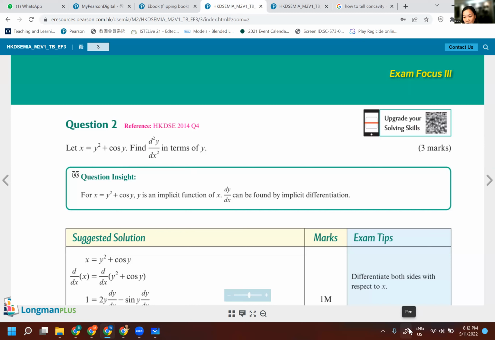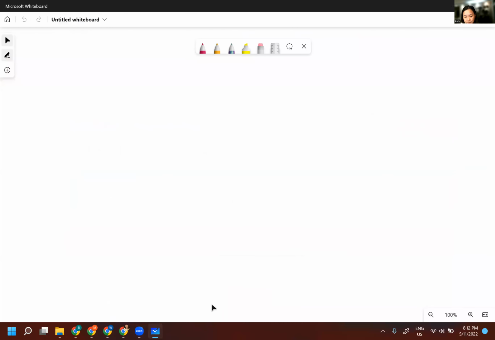x = y squared + cosine y. Now, this can never be changed to an explicit function, so you have to always keep the implicit going on.